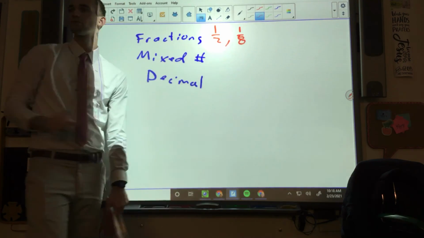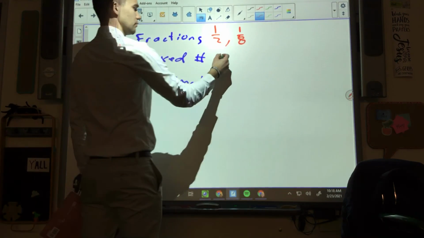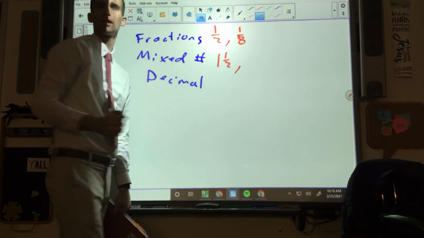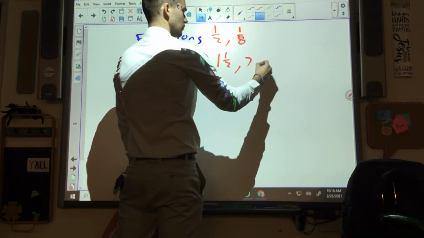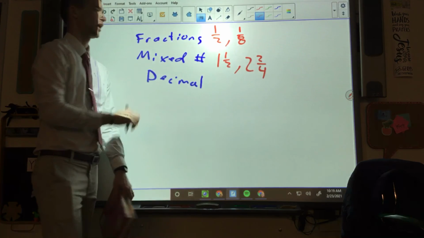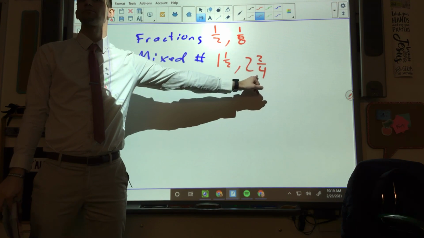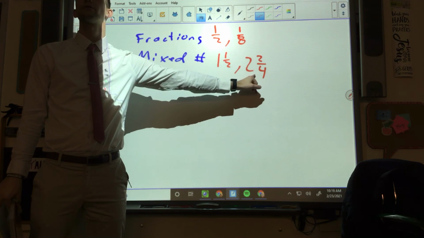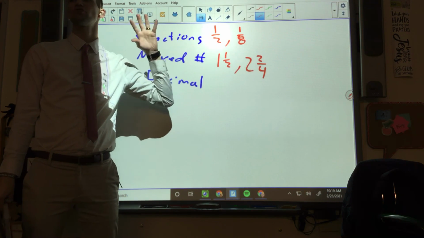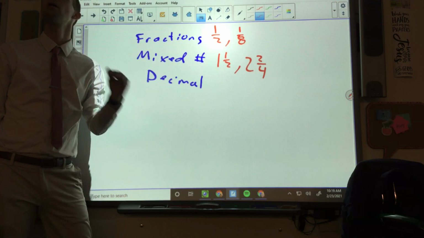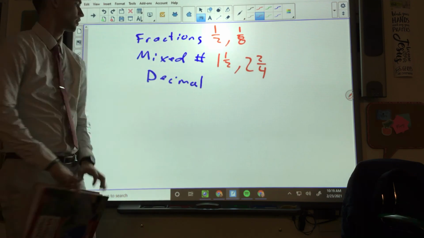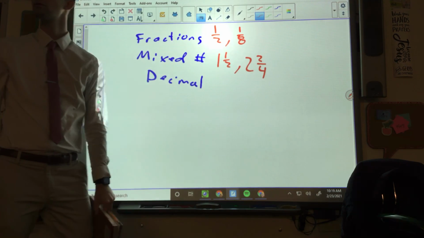Okay, mixed numbers. 1 1/2 and another one, Kira. 2 2/4. Okay. But if you're actually doing this the correct way, you would make it 2 1/2 because when you have fractions, you need to make sure they are simplified, reduced.